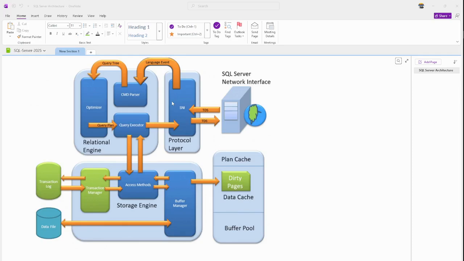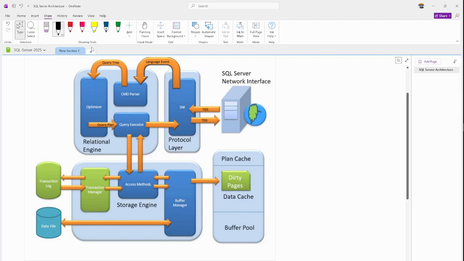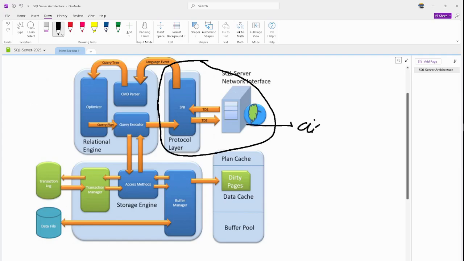One is your protocol layer. Let me draw this. So one is your protocol layer, which will be from the client side. This is going to facilitate communication between client and the server.